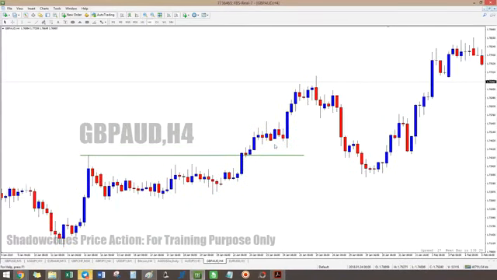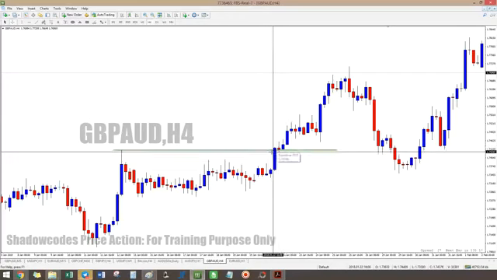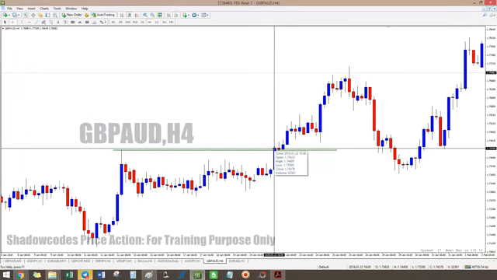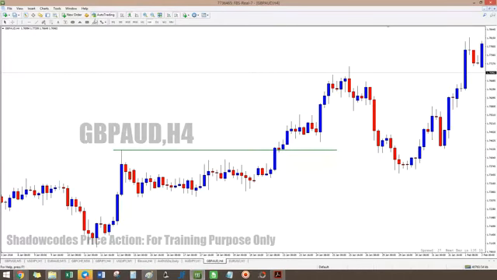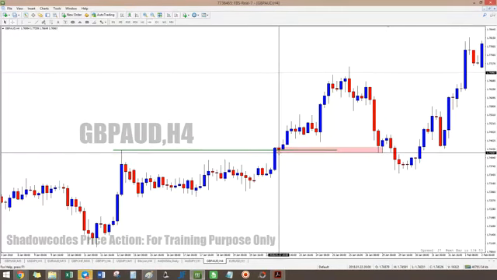Where is our break? So over here, and deepest retrace is over here. So our flag is here. First engulf, deepest retrace, continue the motion of the break. Okay, so this is our flag.